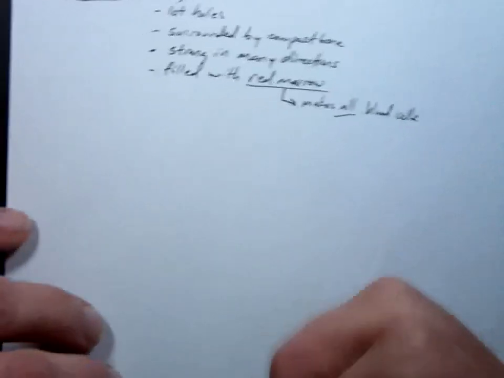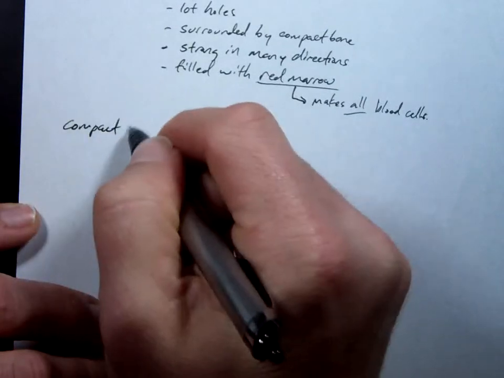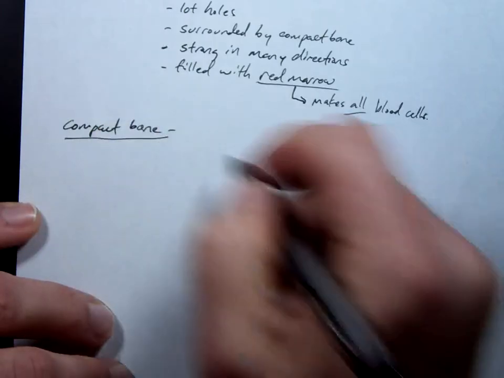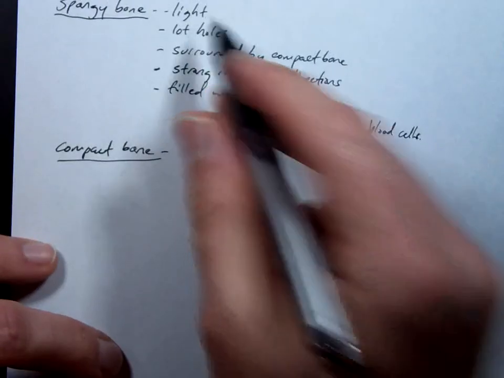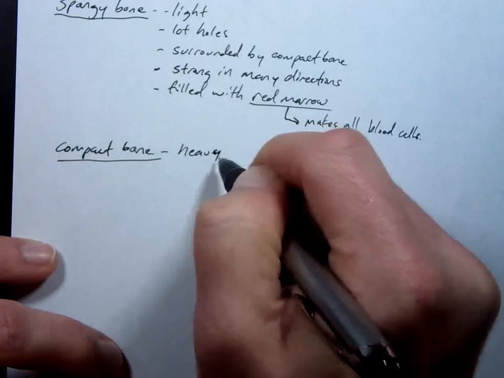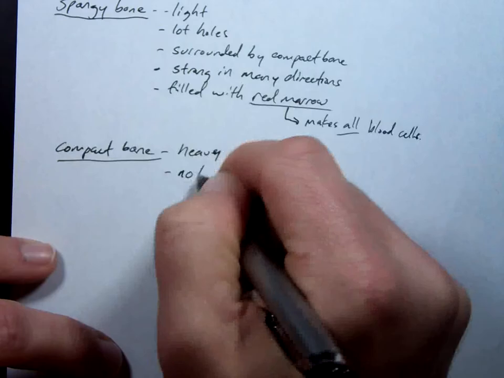Compact bone, guess what the first bullet point is going to be here? Surround spongy bone. Aha. Heavy. Oh yeah, it is heavy. It is dense, okay? No holes, okay?